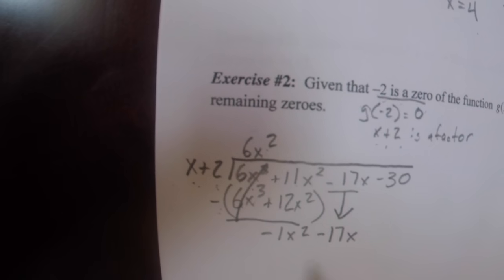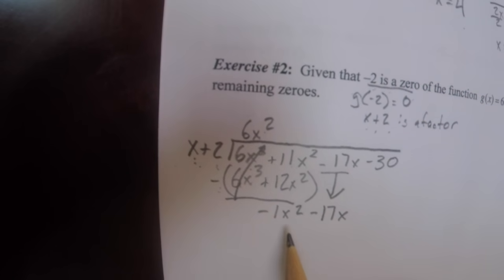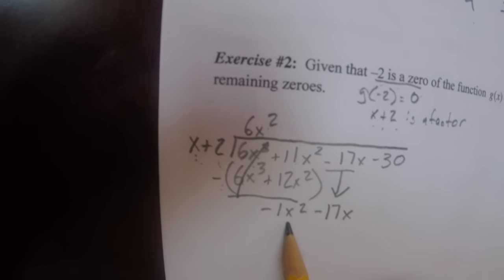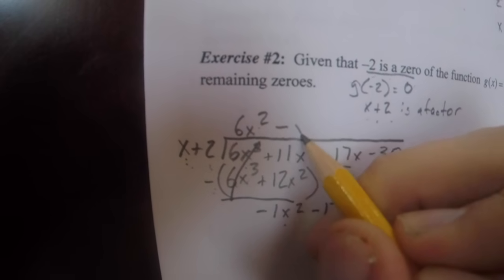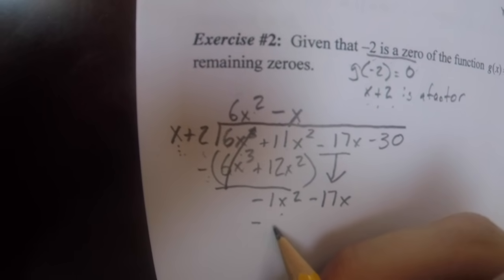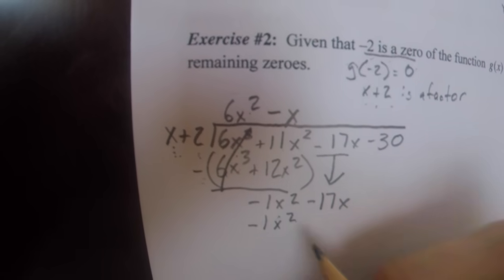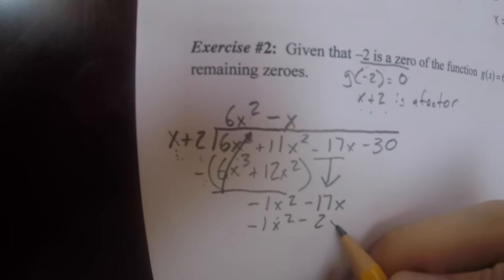Now, jump back to the top. What's our next term going to be in the quotient? Well, we have to figure out what times x is going to give me negative 1x squared. I think it's going to be negative x. Negative x times x is negative 1x squared. And negative x times 2 would be negative 2x.